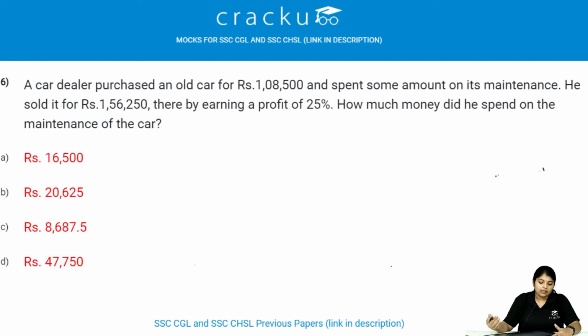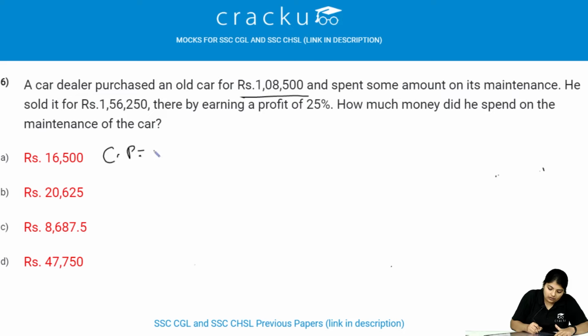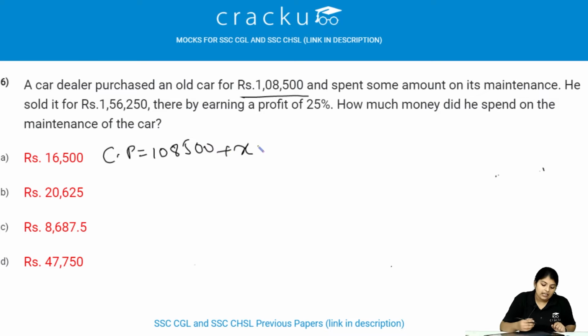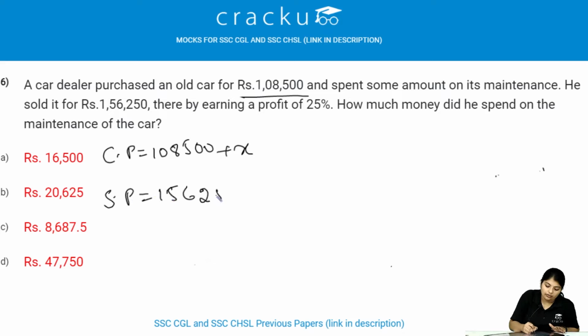A car dealer purchased an old car for rupees 1,08,500. So CP is equals to 1,08,500 and spend some amount on its maintenance. So the cost price will be including of 1,08,500 and maintenance cost, let it be X, and he sold it for rupees 1,56,250, that is SP is equals to 1,56,250, and by earning a profit is equals to 25%.